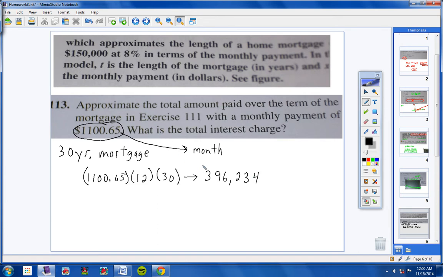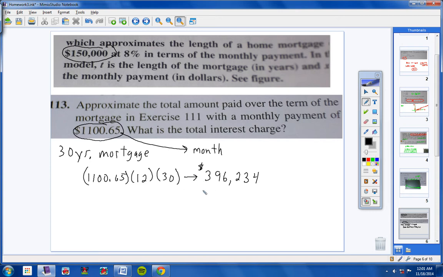Now, what is the total interest charged? Well, guys, how much was their mortgage? $150,000. That's how much they borrowed, how much they were going to pay for the house, that's how much the house cost. But look how much they ended up paying. So how much interest did they pay?